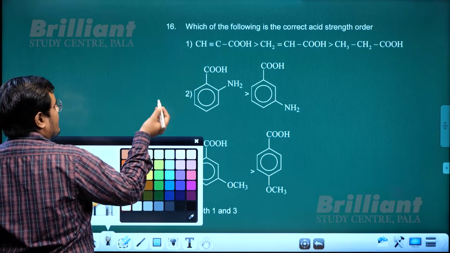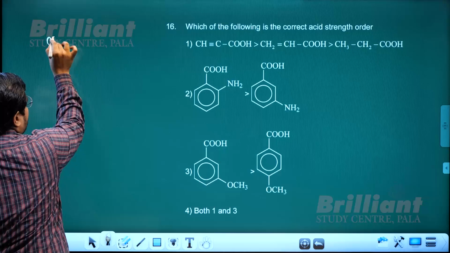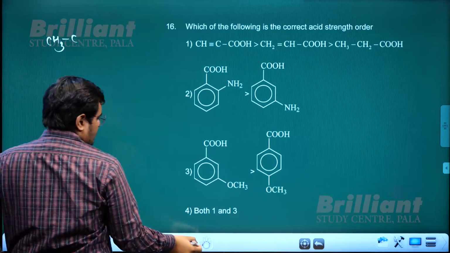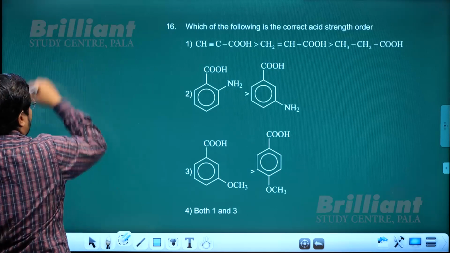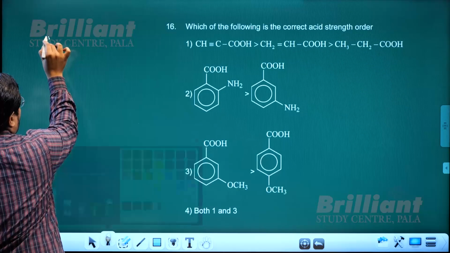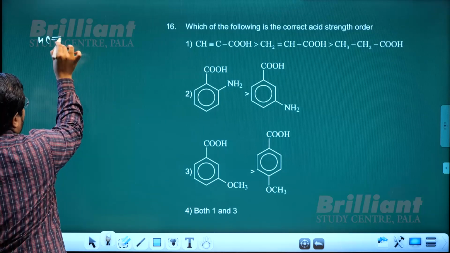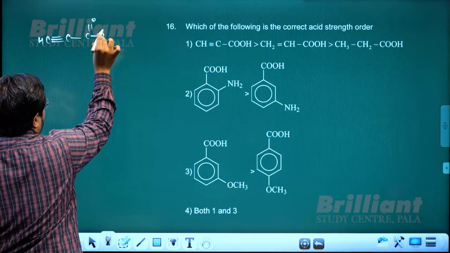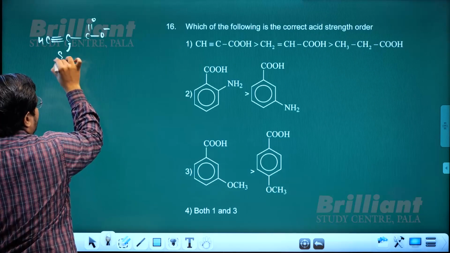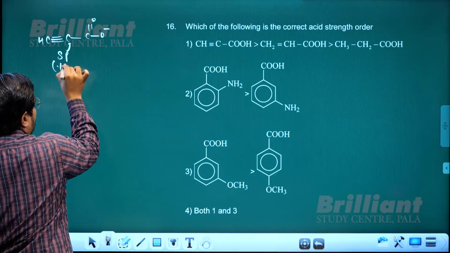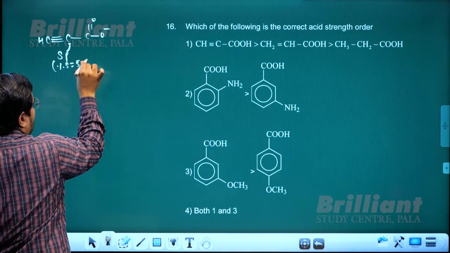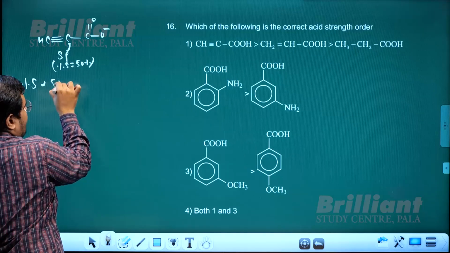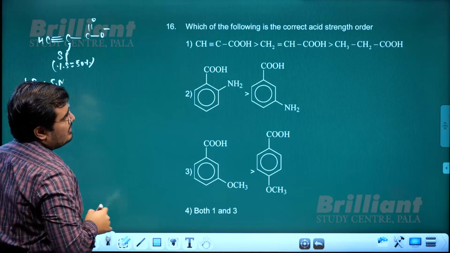If you see, the acidity can be answered on the basis of the stability of the conjugate base. So if I write the corresponding conjugate bases, we'll see what exactly happens. In this case, the conjugate base will be CO minus. We know this carbon is sp hybridized. Percentage s character is 50%, and we know percentage s character is directly related with electronegativity.